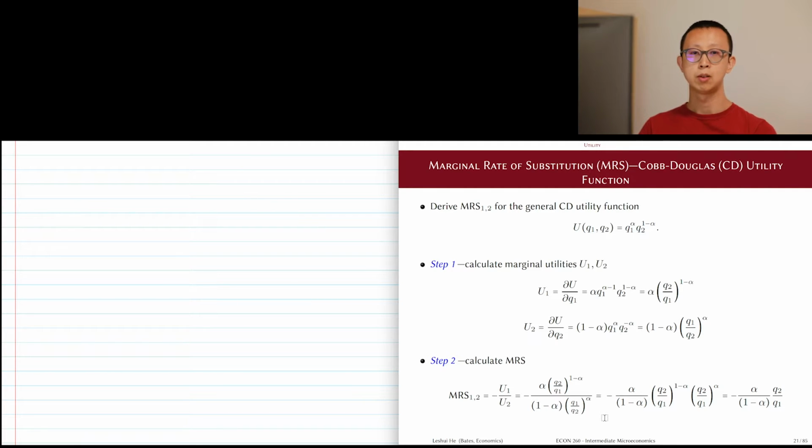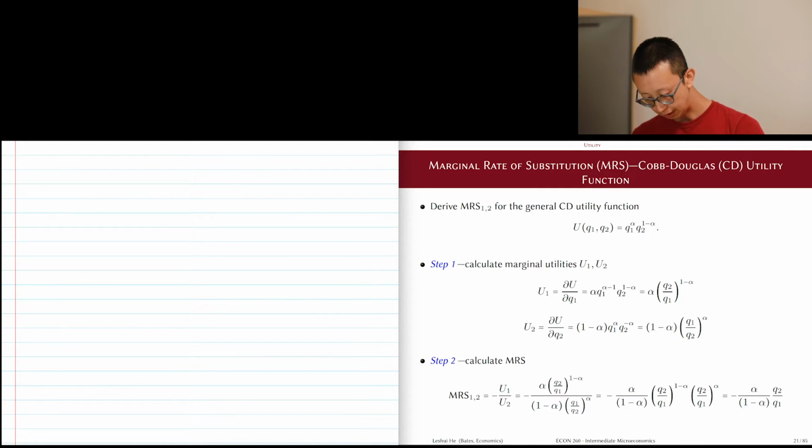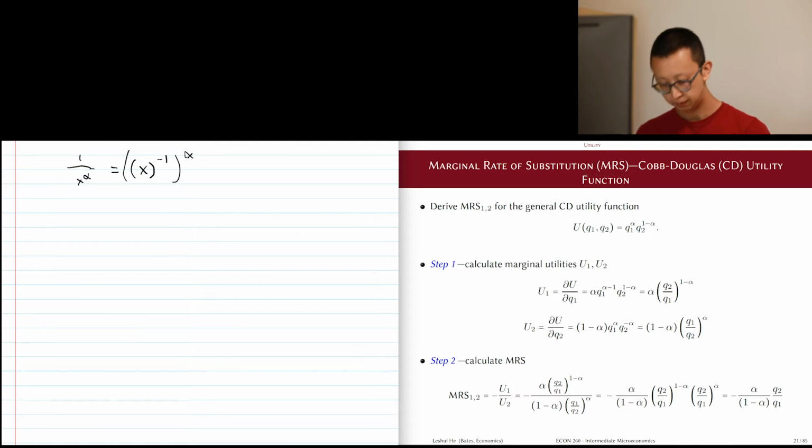In general, there are at least a couple of ways you can do this. One way is to distribute the power. If we have an object that takes a value of 1 over x raised to the power of alpha, what we can do is rewrite it as x raised to the power of minus 1 raised to the power of alpha, which is just x to the power of minus alpha.